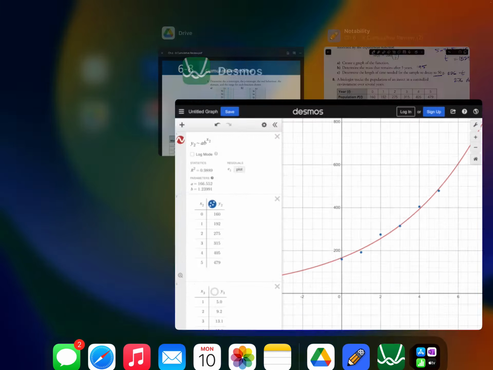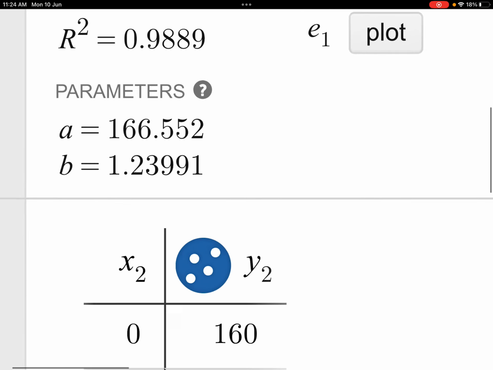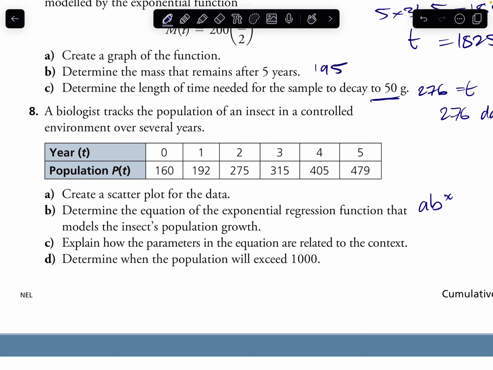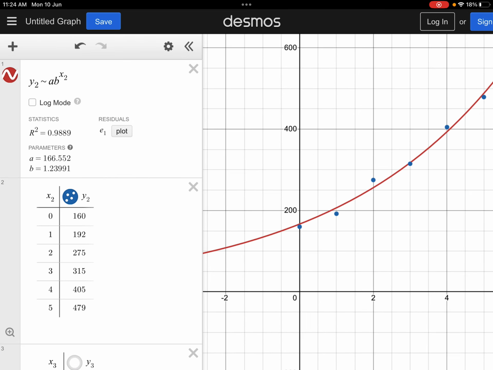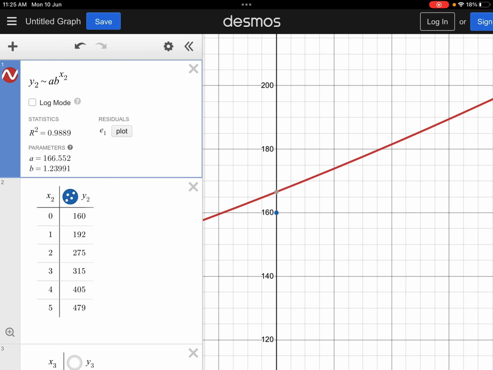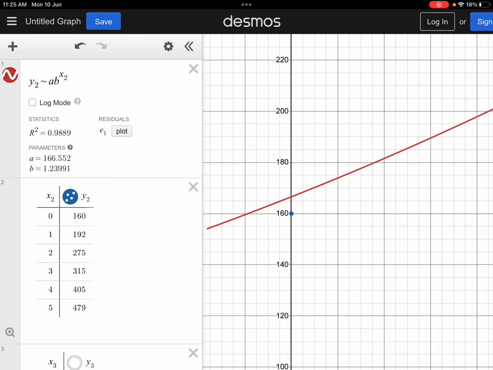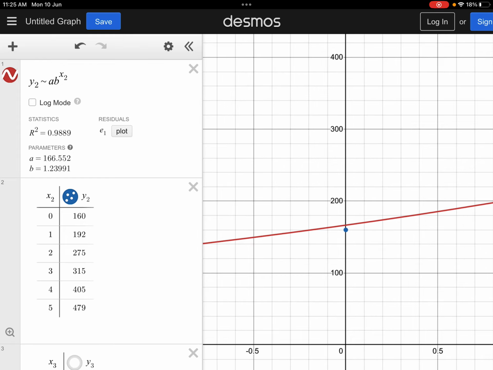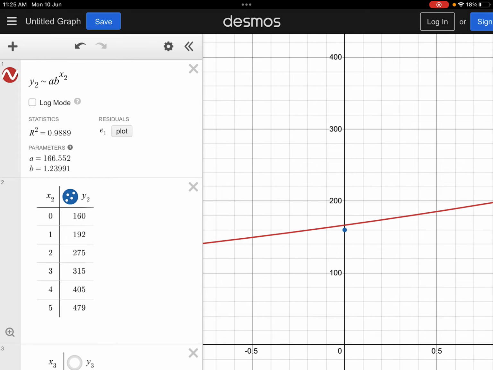Again, just take the values of a and b that they have for you over here for part B. Part C, explain how the parameters in the equation are related to the context. Well, the parameters, you can say like the start. Obviously, if you take this whole equation, you can go into negative over here.